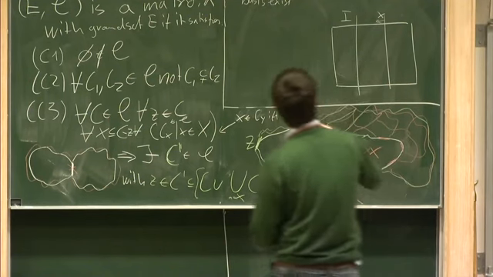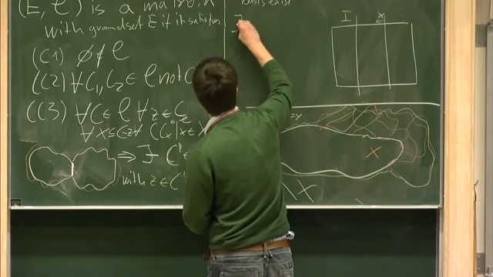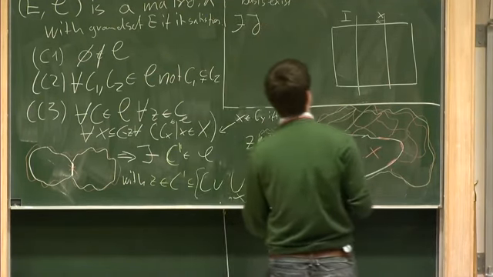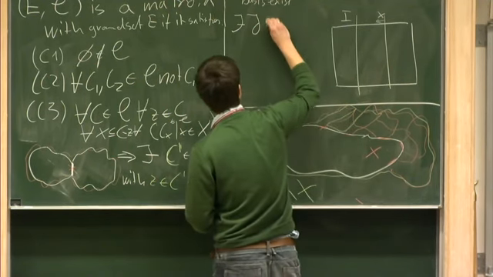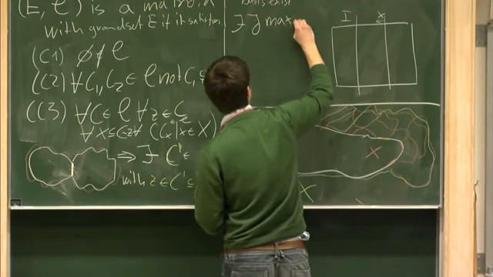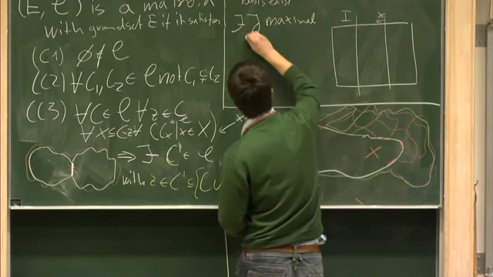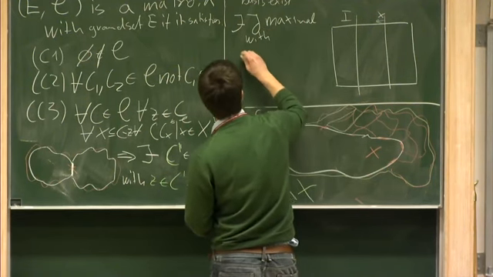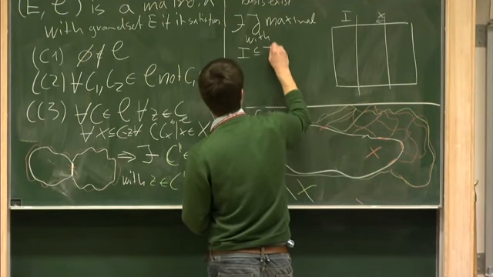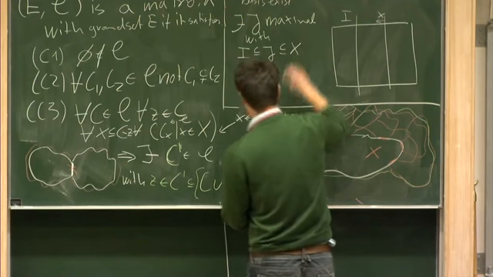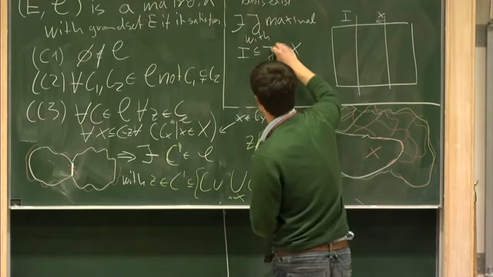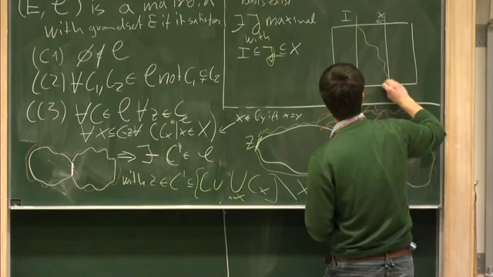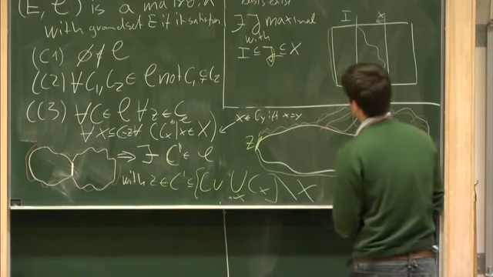And this now says that there exists some J maximal with I a subset of J, a subset of X. So the J lies somewhere in between.